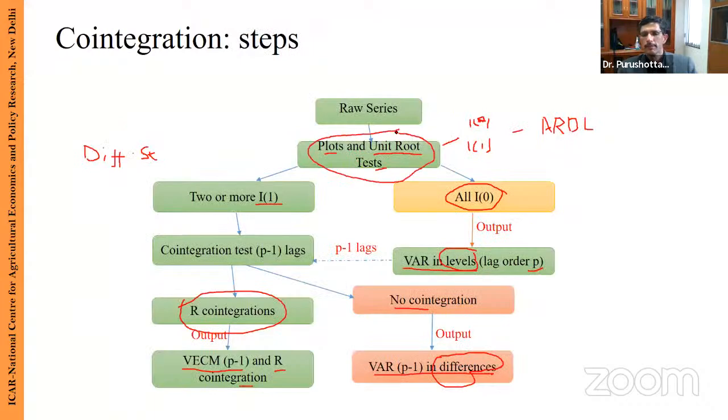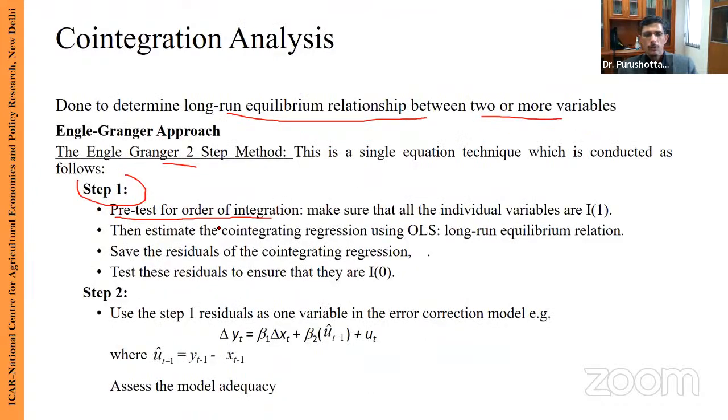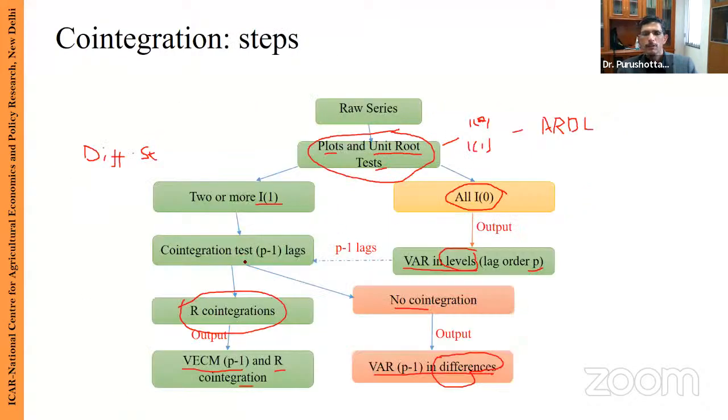Pre-testing is required. Okay, because which model or which method we are going to adopt depends on this only. So make sure that all the individual variables are I(1). If all are I(1), we will go for cointegration test. If all are not I(1), or all are stationary at levels, we will go for VAR.